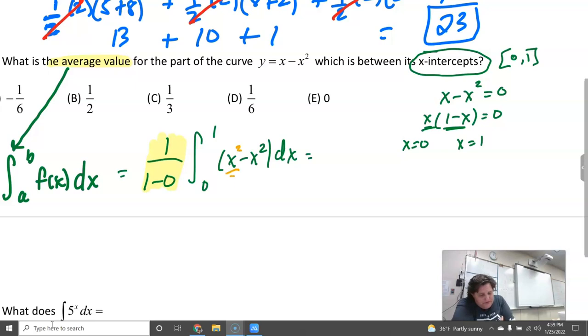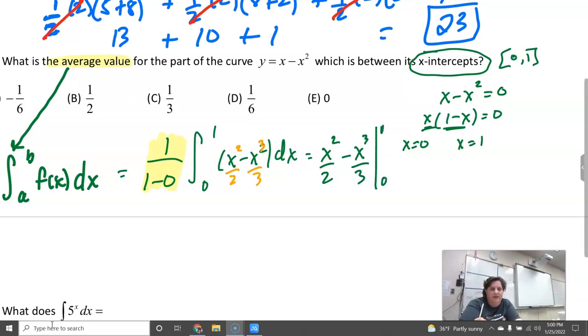Okay, this one goes to x squared over 2. All right. This one goes to x to the third over 3, which looks pretty awful, but luckily we're only going from 0 to 1, and that's easy money, right? Because we're plugging in a 1, which is not too bad.